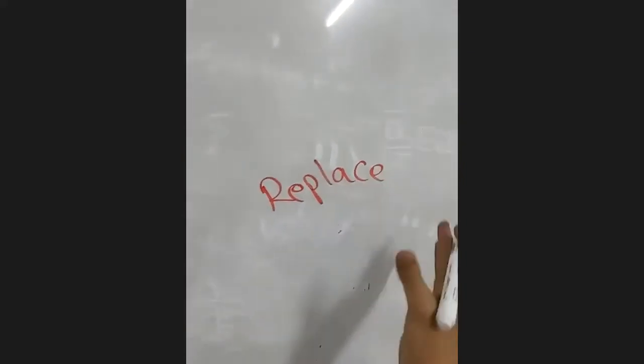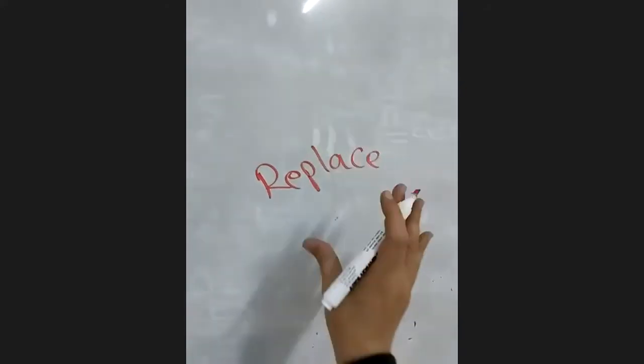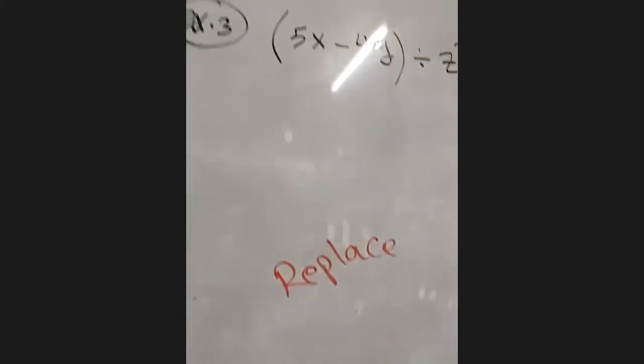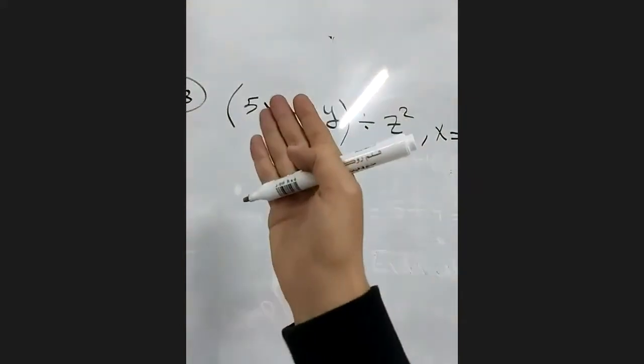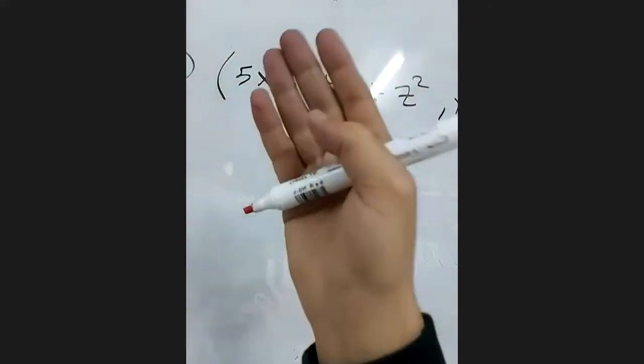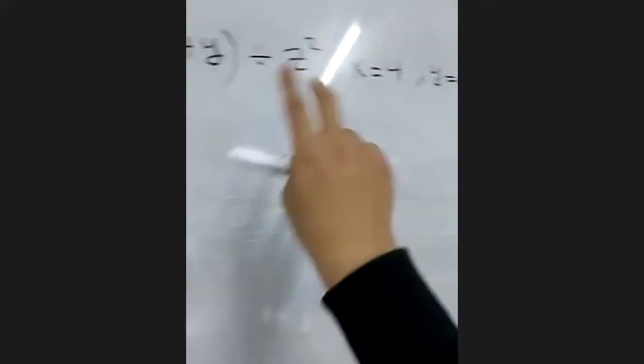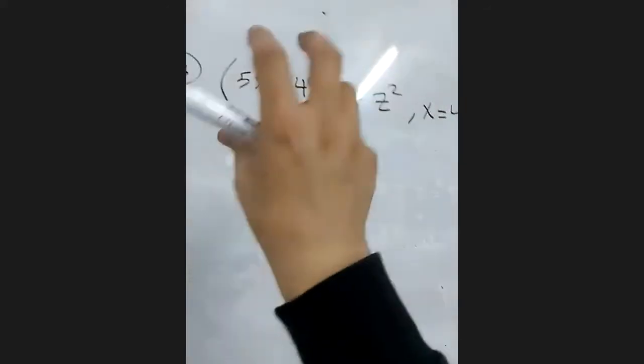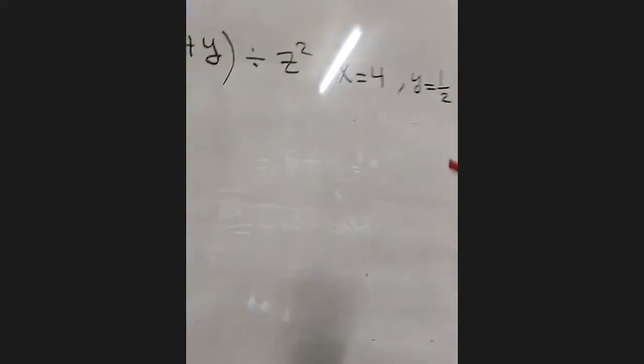Replace means put something in place of something, okay? Replace, it's an easy word. So what we will do, mister? The first step, replace x, we will replace the variables with the numbers. It's an easy thing. We will replace the variables by their values, okay? This is the first step.